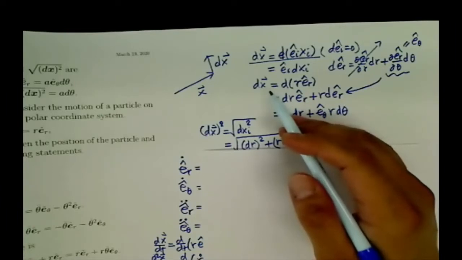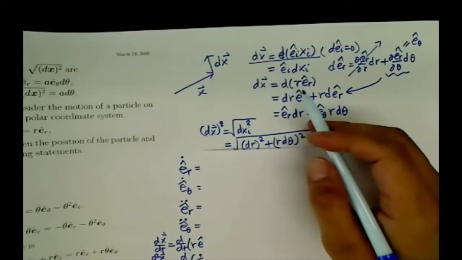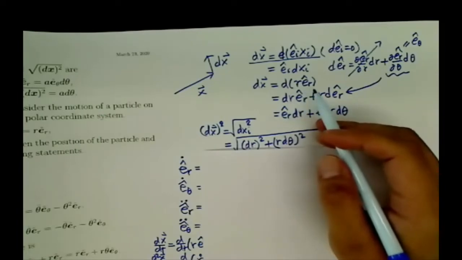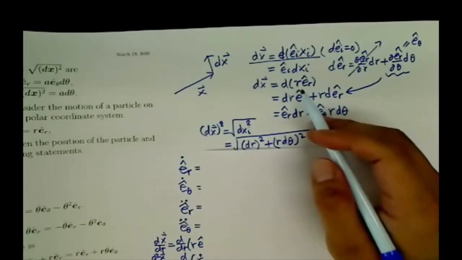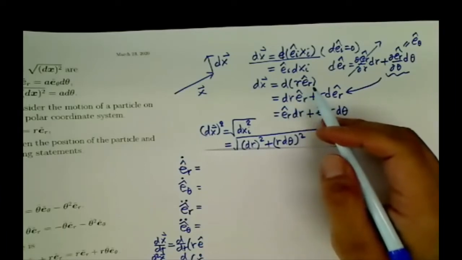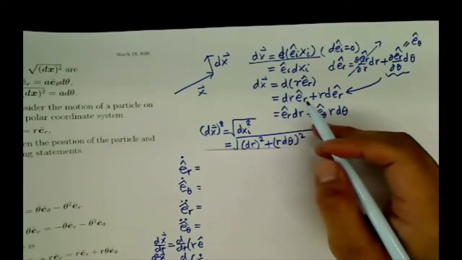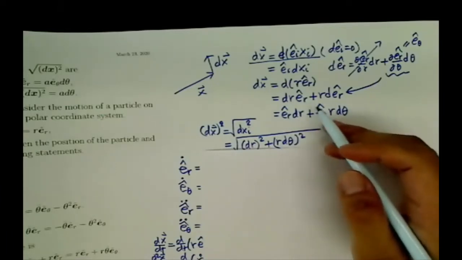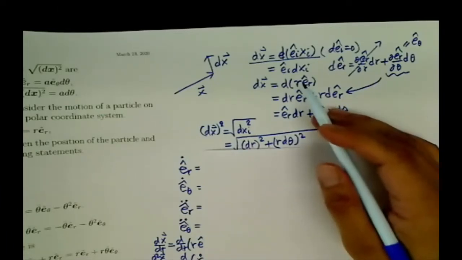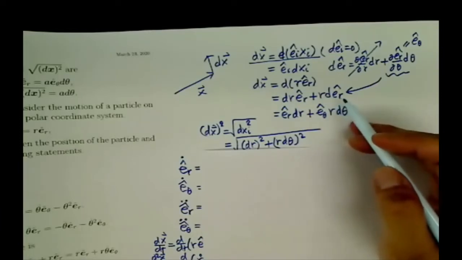X in this system is a radius multiplied by the unit radial vector er hat. The total differential of this product of scalar and vector is dr multiplied by the unit vector plus r multiplied by the differential of er.